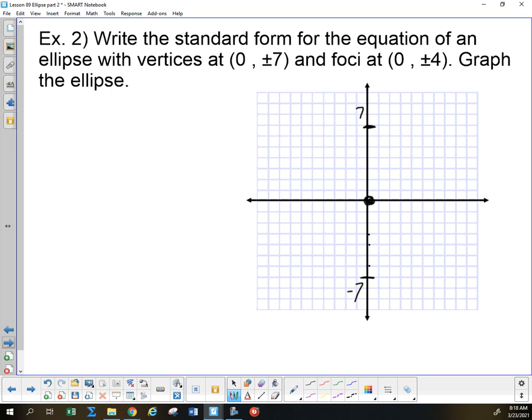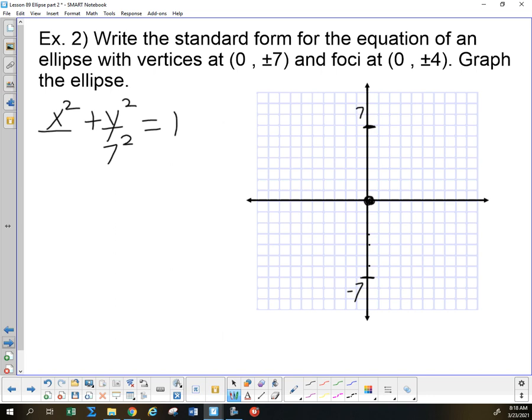That tells me my equation is (x - 0) squared over something plus (y - 0) squared over something equals 1. In addition, I know I went 7 in the y direction, so my y denominator has to be 7 squared, or 49 when I write the final version.